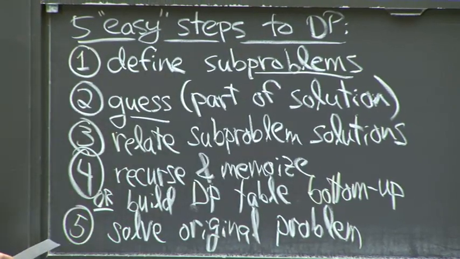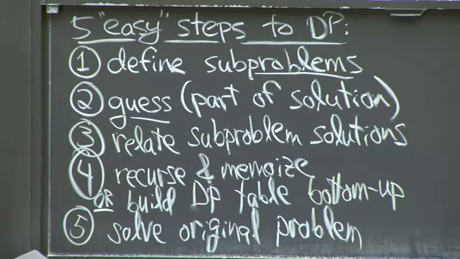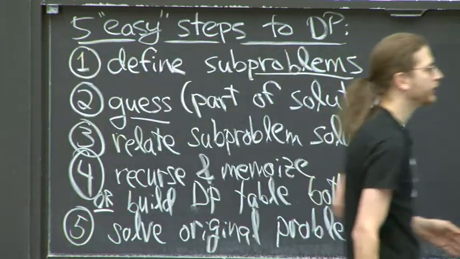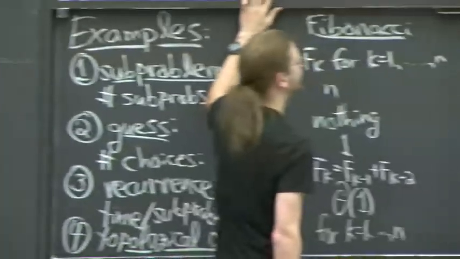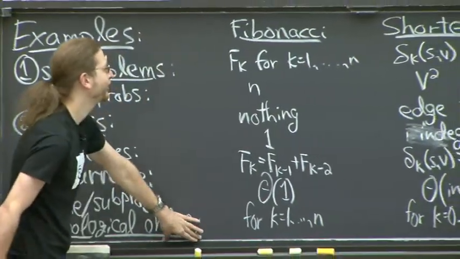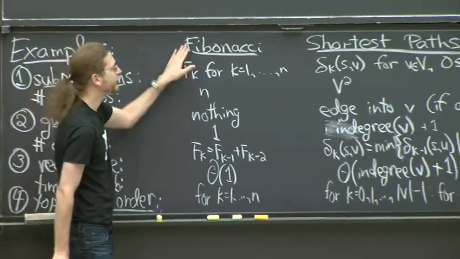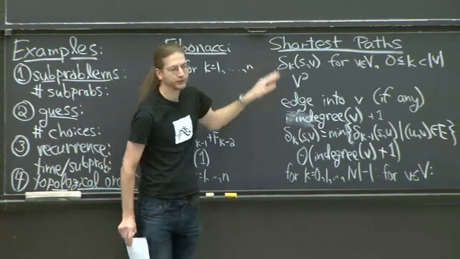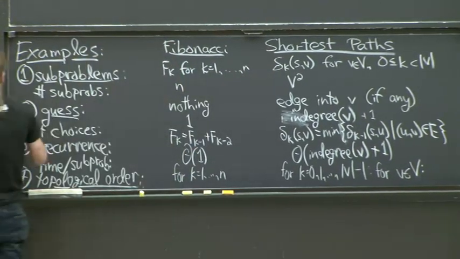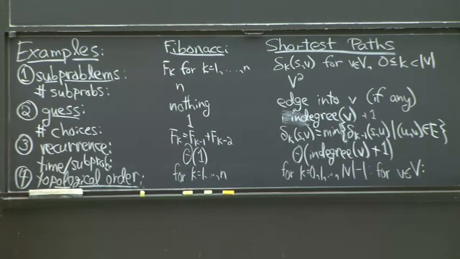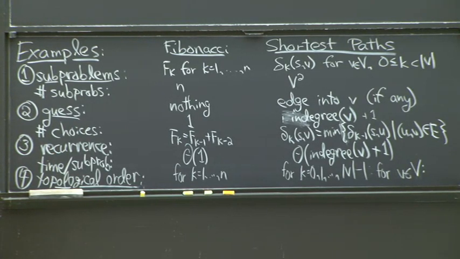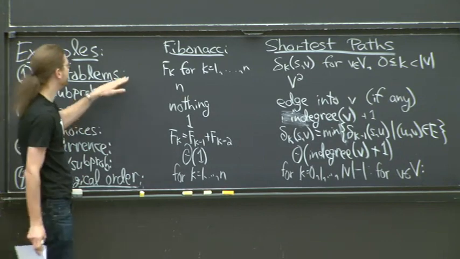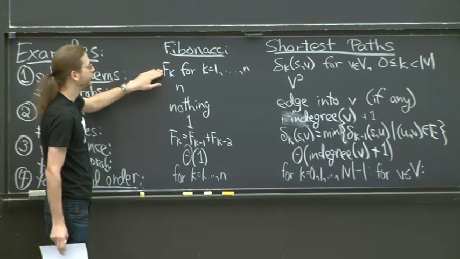All right. So we've sort of seen this before. And in fact, I have over here a convenient table. It's called cheating. The 2 problems we saw last time, Fibonacci numbers and shortest paths. And I've got steps 1, 2, 3, 4. I ran out of room, so I didn't write 5 yet. But we'll get there. So what are our subproblems? Well, for Fibonacci, they were F1 through Fn.